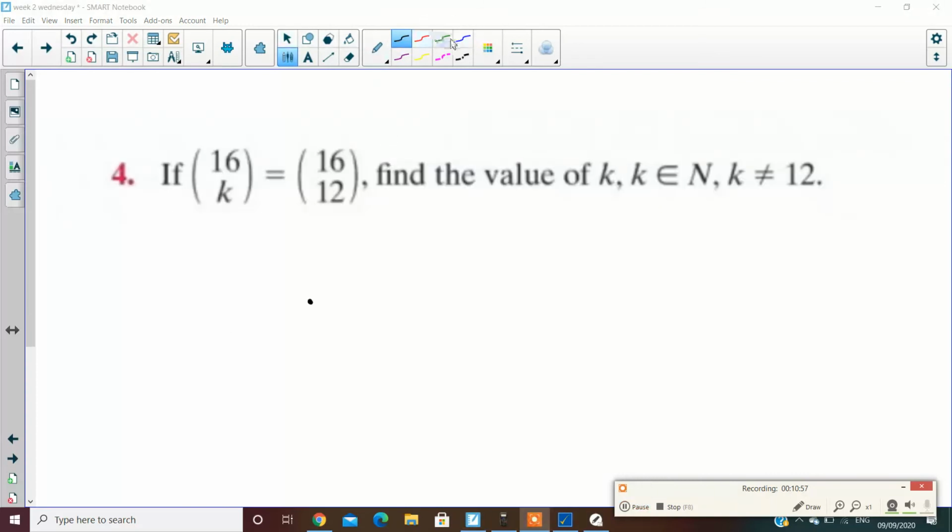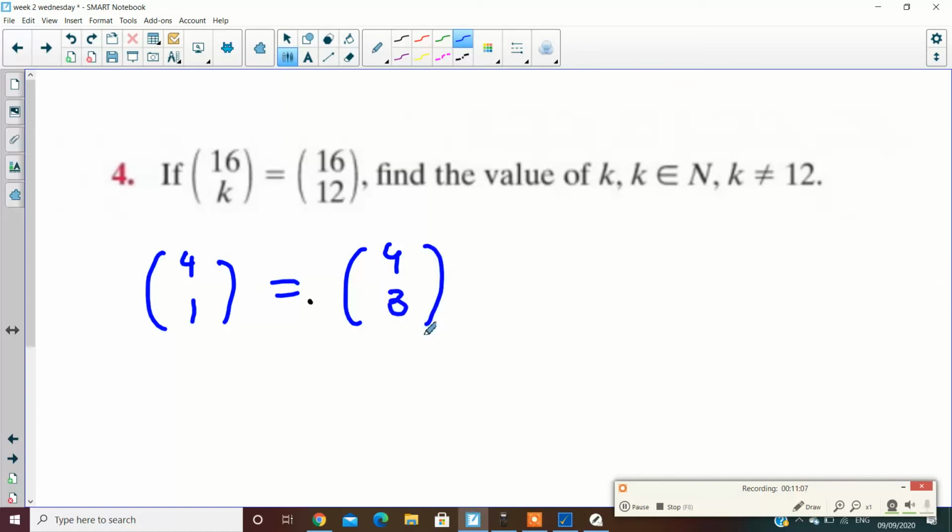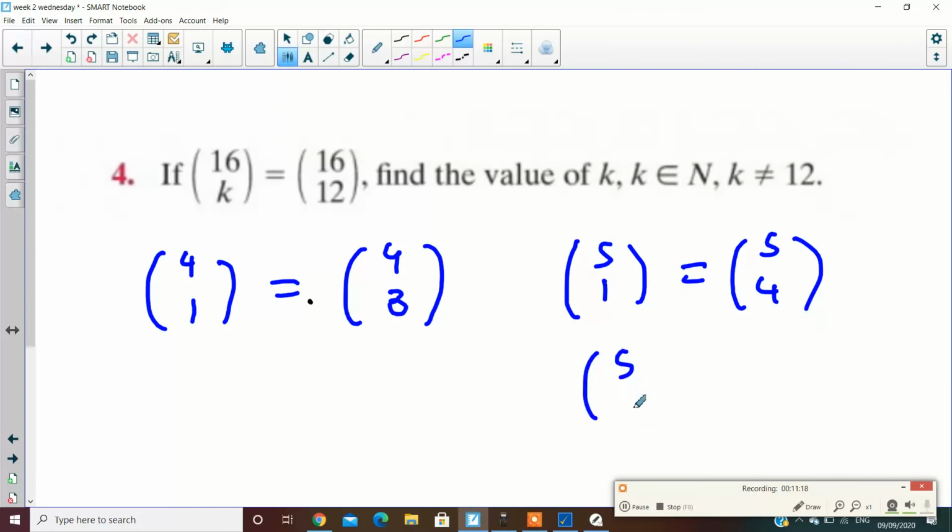You've noticed already that 4C1 is the same as 4C3. Would that make sense? You've noticed that 5C1 is the same as 5C what? 4. You've noticed that 5C2 is actually the same as 5C3.